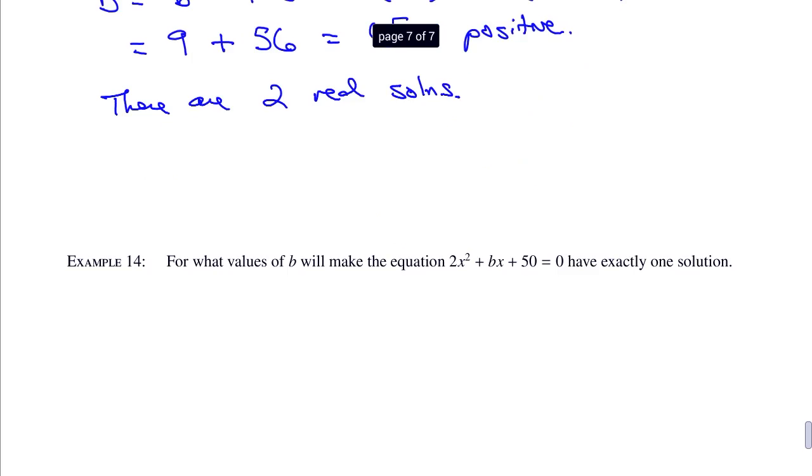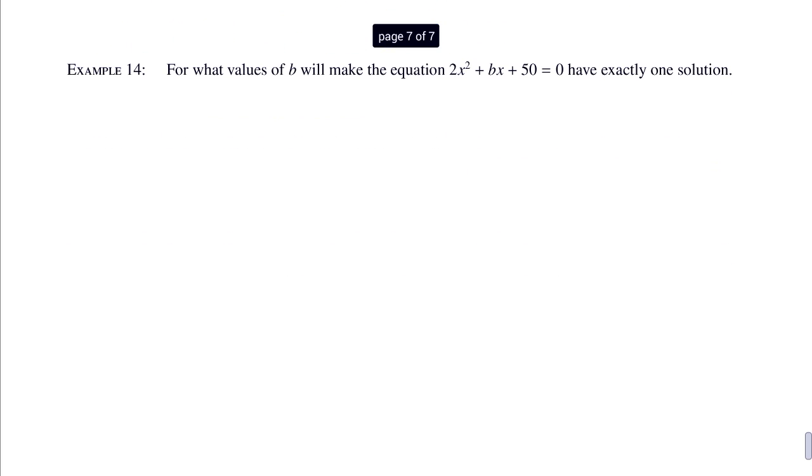And finally, example 14. For what values of b make the equation 2x squared plus bx plus 50 equals 0 have exactly one solution? If there is exactly one solution, then we know from our chart that the discriminant is equal to 0. It's the only way we can have one real solution.